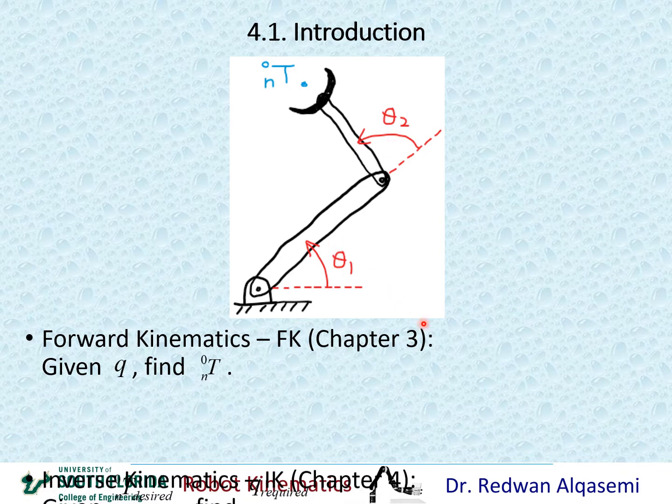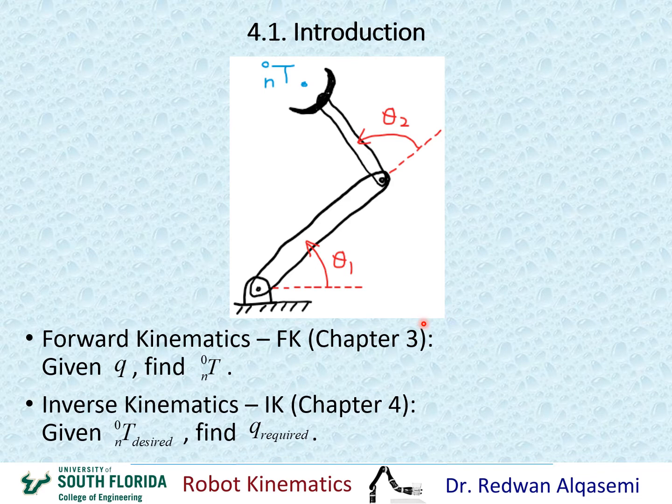Now in this chapter, chapter 4, it's the exact opposite problem. We are given the transformation matrix that's required for the end effector to go to, and I need to find the joint angles that would achieve that task of reaching that point or pose of the end effector. Okay, so chapter 4, inverse kinematics, given the desired transformation matrix at the end effector, find the joint angles or joint values that would take me to that end effector location.